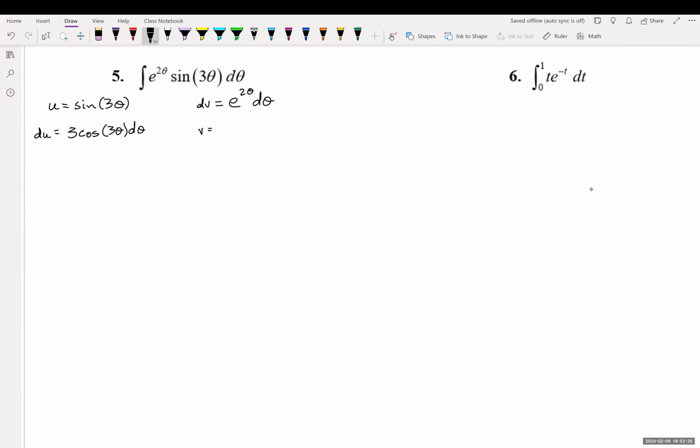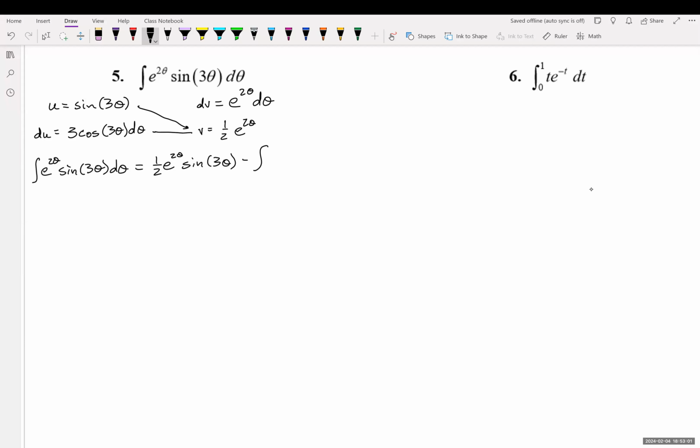And v is equal to, well, I know when I take the derivative of e to the 2 theta, I get e to the 2 theta, but chain rule, I'd have to multiply by a 2. So we need a 1/2 in front, like that. So our integral e to the 2 theta sine of 3 theta d theta is going to equal the product u times v. So that gives us 1/2 e to the 2 theta sine of 3 theta minus the integral.